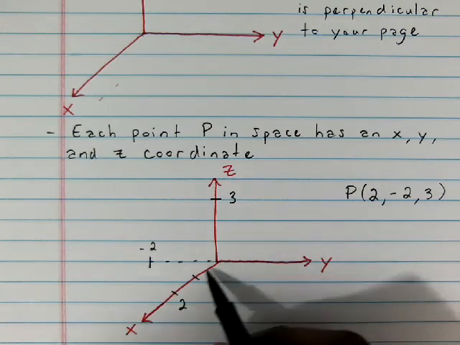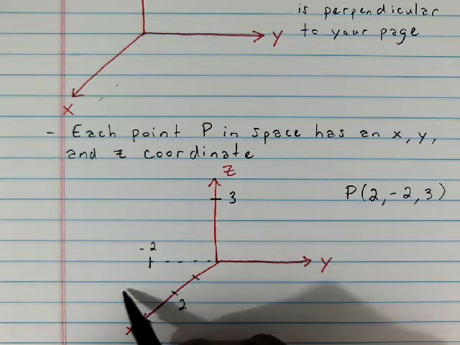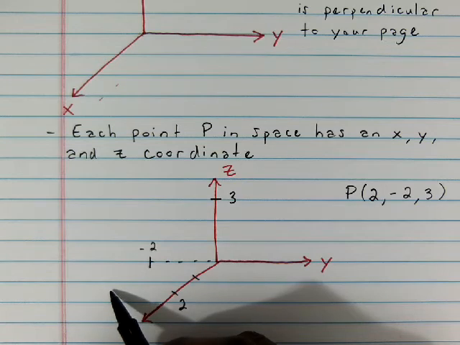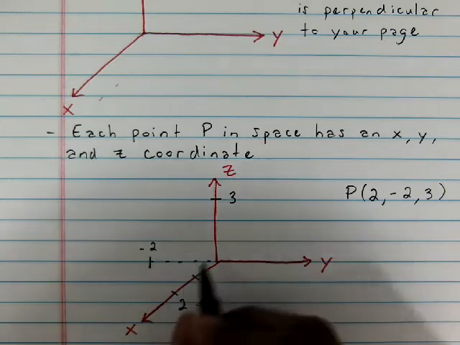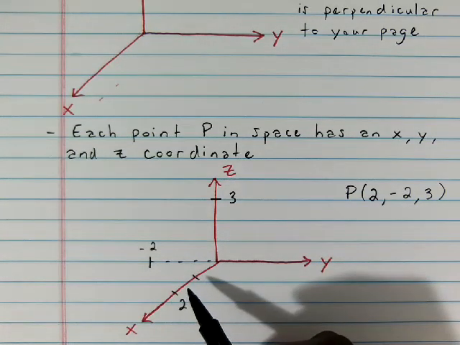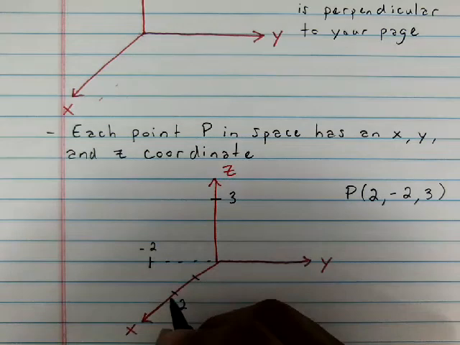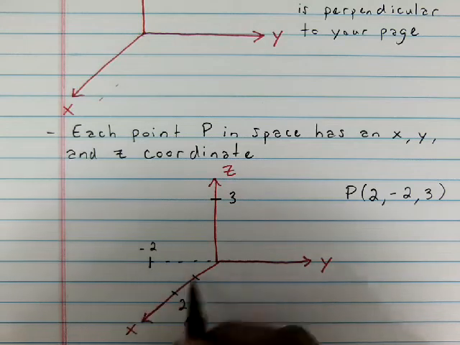So if I went 2 units in the x direction, then I go -2 units in the y direction, and then I go up 3 units in the z direction. The way we'll sketch this is you kind of think of sketching a cube, when you learn how to sketch a cube as a kid. So we go this way, then we're going to go this same distance 2, but we're going to go that distance of 2 from right here.